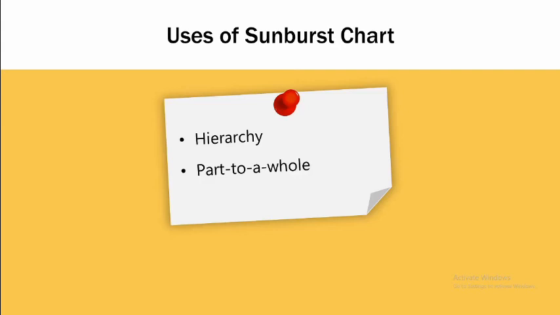Also, the part of a whole manner shows the parts of variable of its total, often used to show how something is divided. For example, world population broken down into a particular continent, country, region, state, city, or town. Salary expenses of employees across departments in an organization.